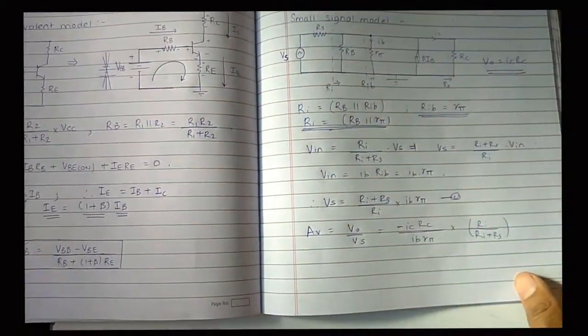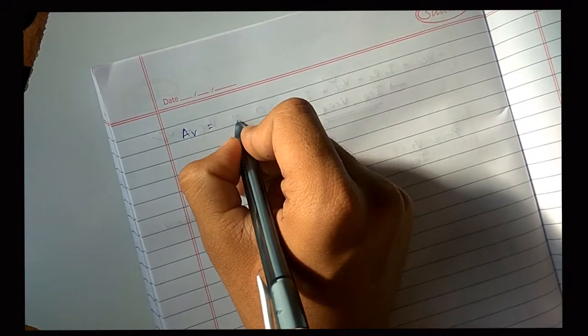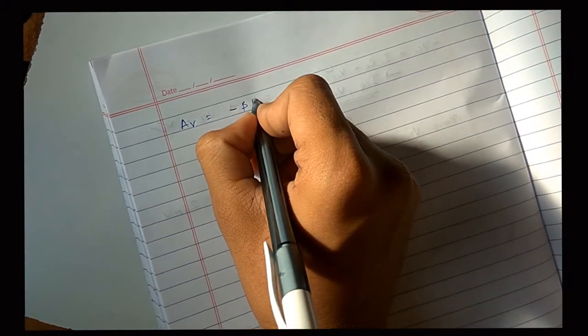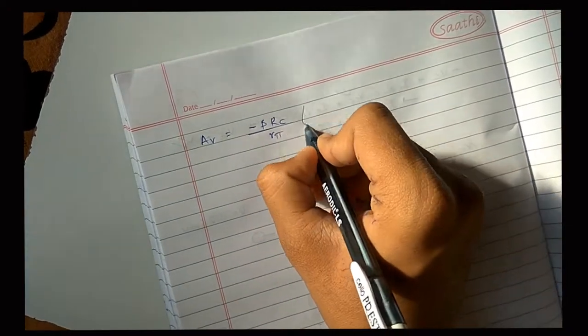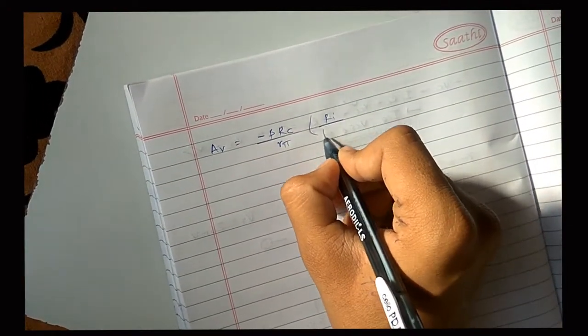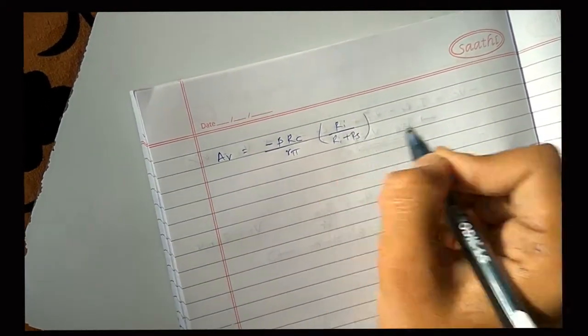I will write on the next page. So now AV will be equal to minus beta RC upon R pi into Ri upon Ri plus Rs.